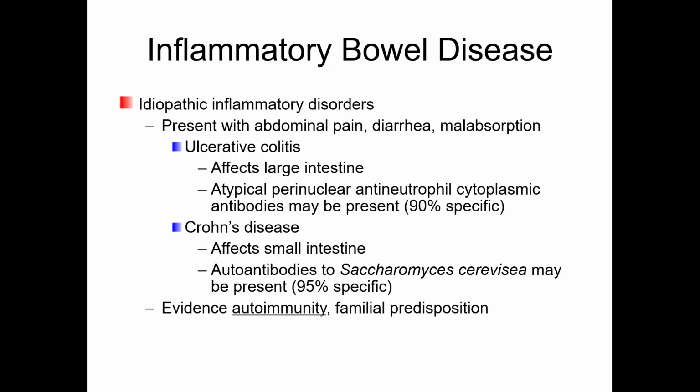In Crohn's disease, autoantibodies to Saccharomyces cerevisiae may be present, and it's about 95% specific. Saccharomyces cerevisiae is a type of yeast, the yeast that we use in baking and brewing. Evidence: autoimmunity and familial predisposition.